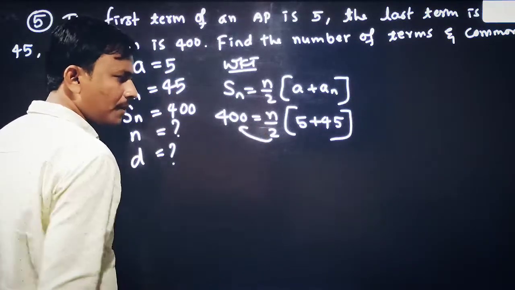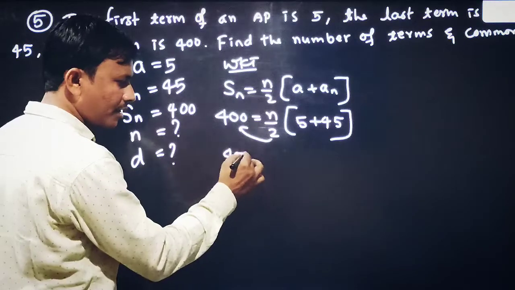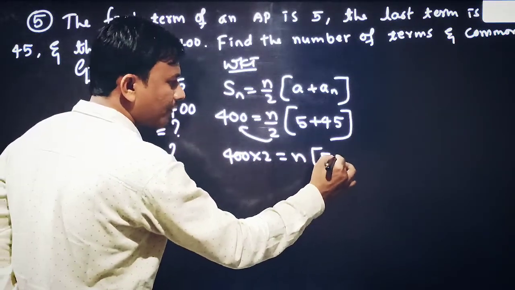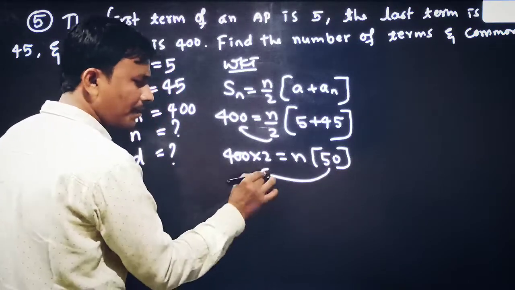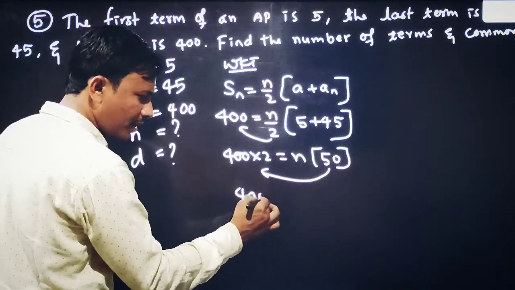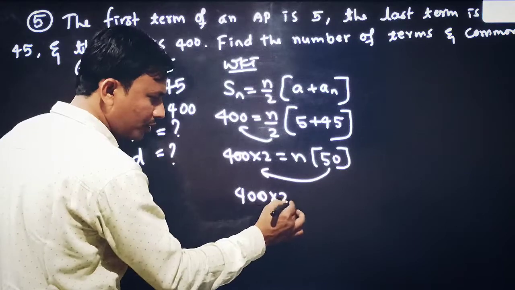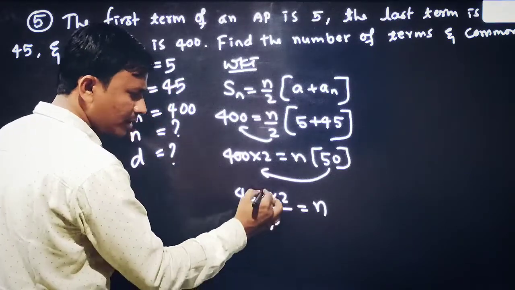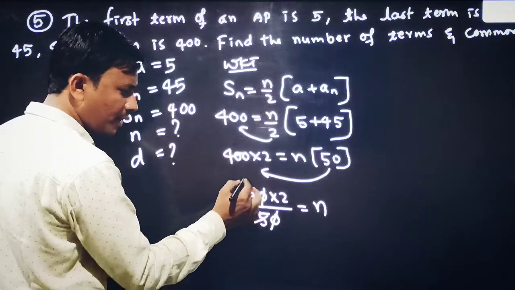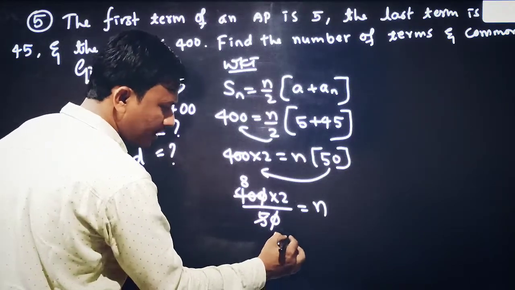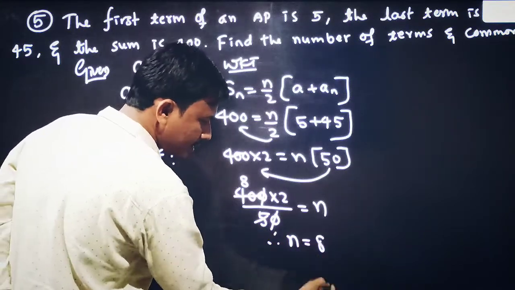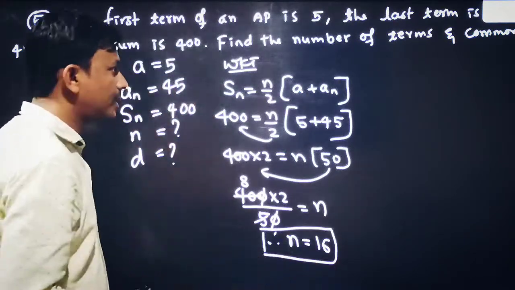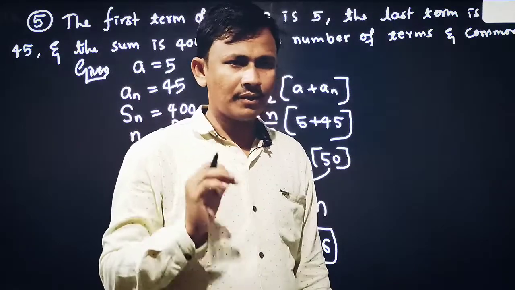Division for it will become multiplication. 400 into 2 is equal to n in bracket 45 plus 5, that is 50. 50 into 50 will become divide. 400 into 2 divided by 50 is equal to n. Therefore n is equal to 16. We got n value as 16. Correct?